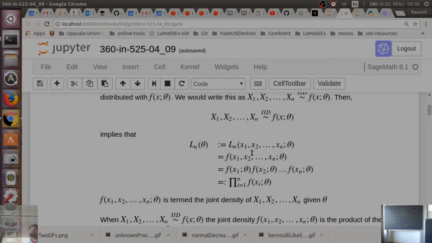The x's, the observations, are there in the likelihood. Being sloppy, I should say this is proportional to, not equal to by definition.